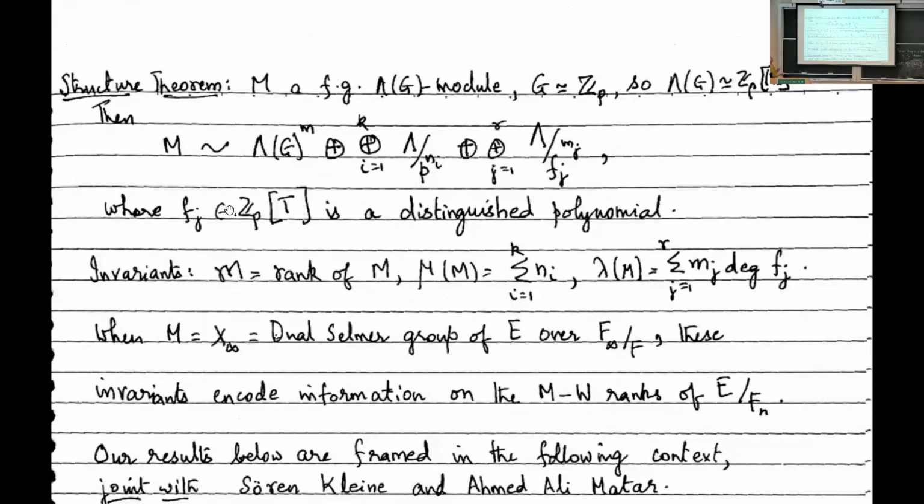You have a free part, Lambda_G to the power m, and then you have those where you look at the prime p, Z_p[[T]]. So you have a prime, so you look at the number of times powers of p occur. And then after that, there is this, where each of these f_j's is a distinguished polynomial. This is a distinguished polynomial, by which I mean it's a monic polynomial, all other coefficients are divisible by p. And though this is in the power series ring, so this sort of brings us to a finite layer.